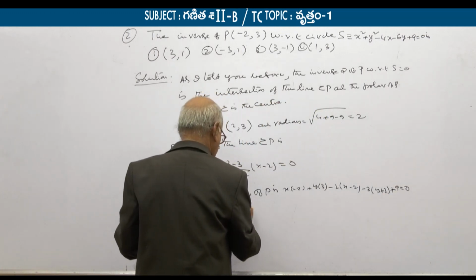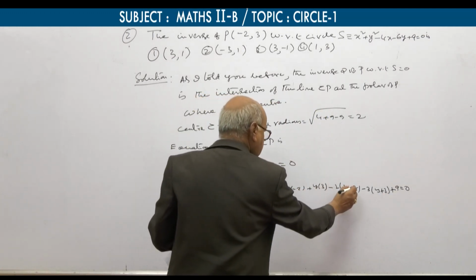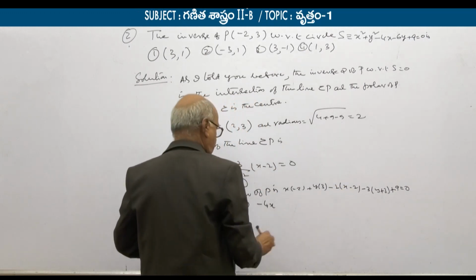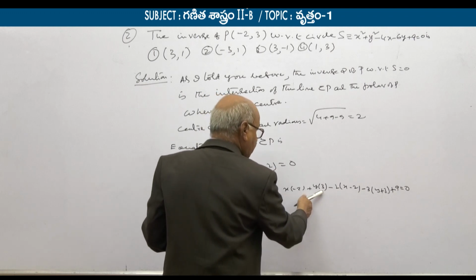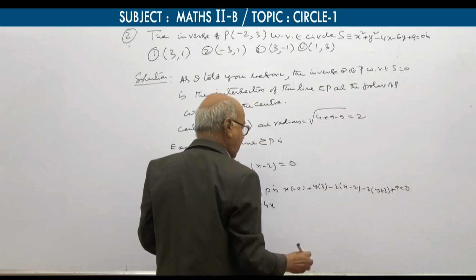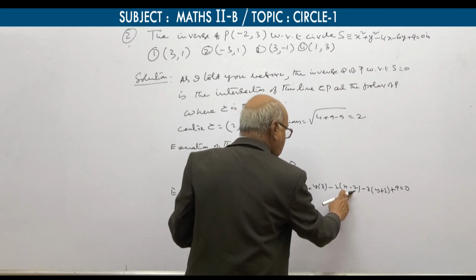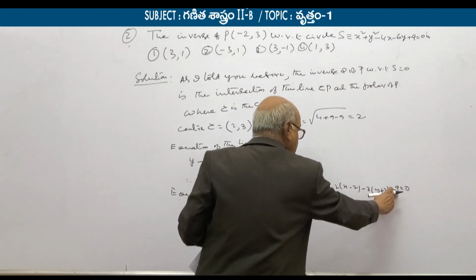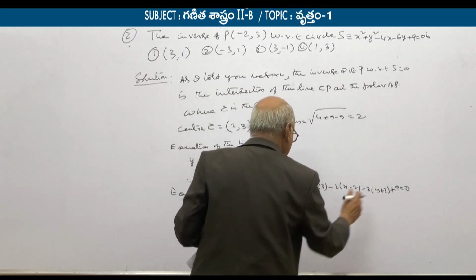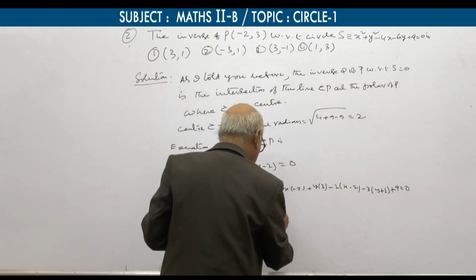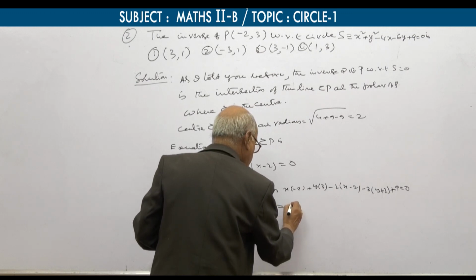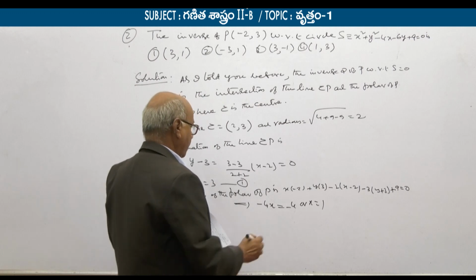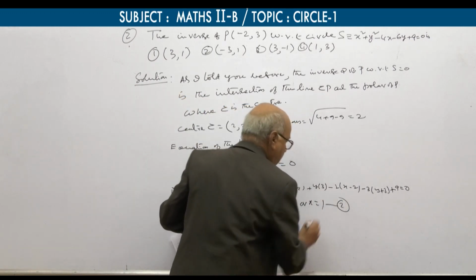That is minus 2x minus 4x... next, plus 3y minus 3y will cancel. Plus 4 plus 9 is 13, minus 9. So what you get is minus 4x is equal to minus 4, or x is equal to 1.